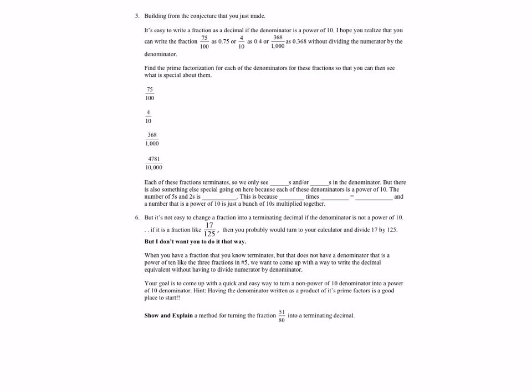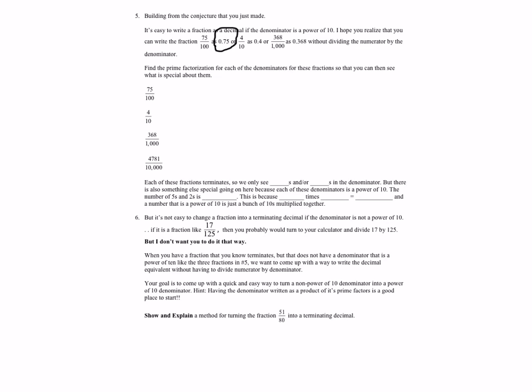All right, then the next thing you're going to do is start working on, okay, how can I write fractions as decimals without dividing? All right, so 75 over 100, yes, you could use your calculator and do 75 divided by 100, but you also can look at this and say, hey, 75 over 100 is 75 hundredths. And the correct way to read 0.75 out loud is as 75 hundredths.